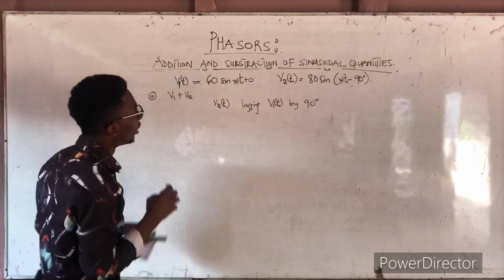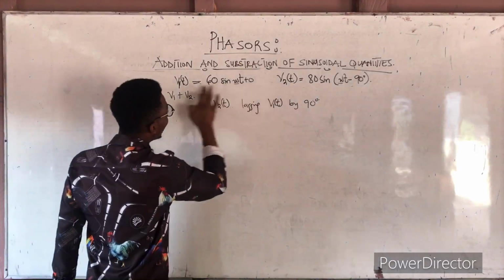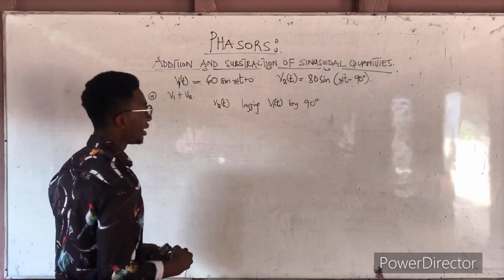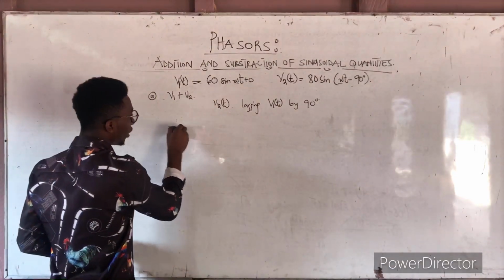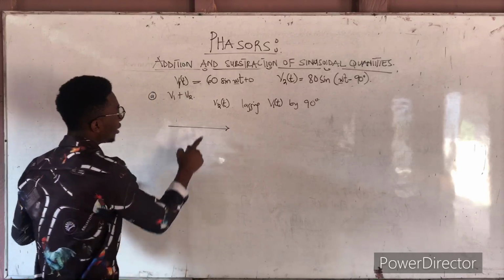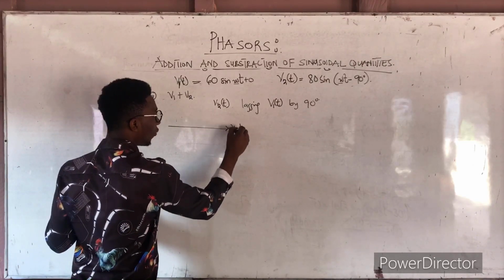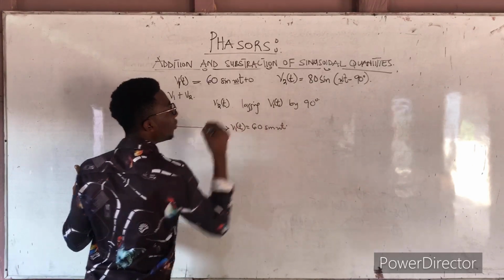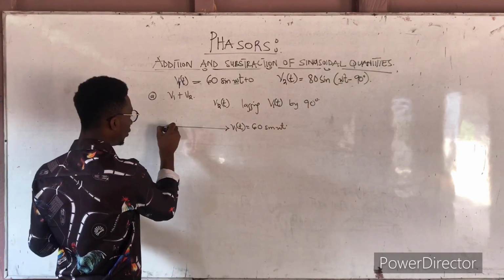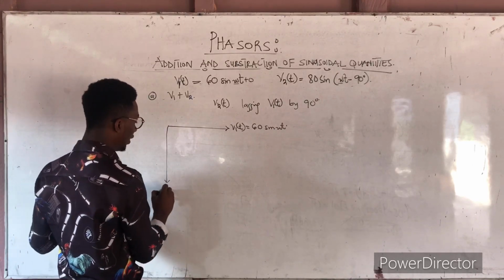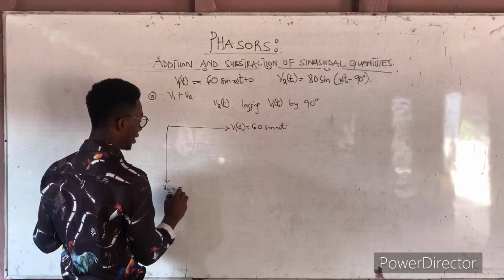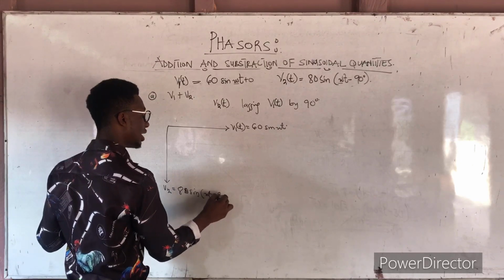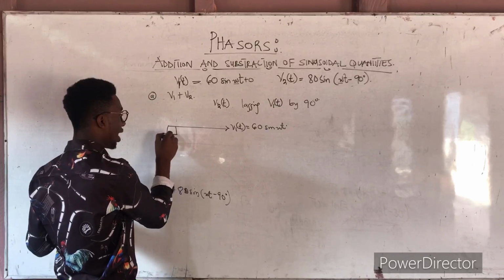So in the phasor diagram, voltage 1, which is 60 sine omega t, will be in phase, but V2, which is 80 sine omega t minus 90, will be out of phase by an angle of 90 degrees.